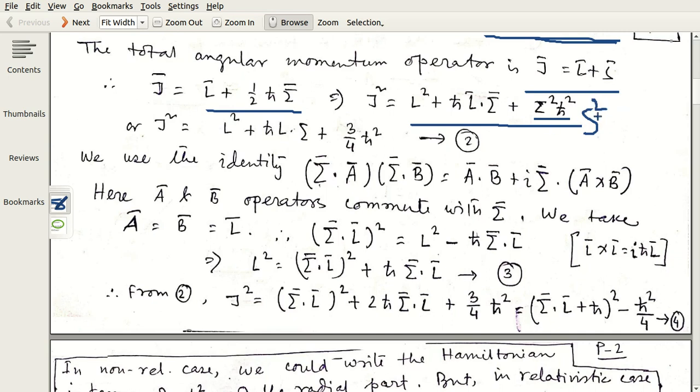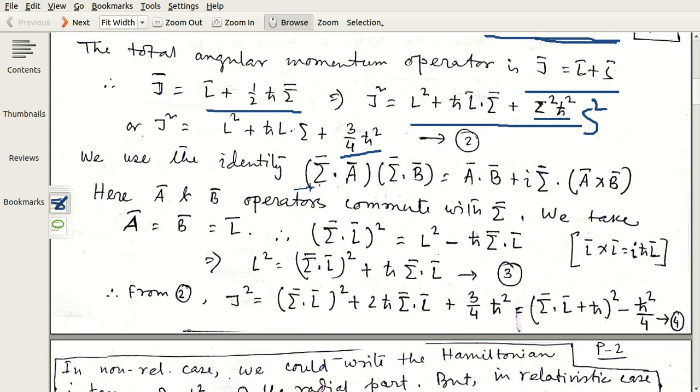So this S square has the eigenvalue of 3 by 4 h cut square; the eigenvalue of S is root over S into S plus 1 into h cut. S is half, so S square is half into half plus 1 into h cut square, which is 3 by 4 h cut square. You know it from angular momentum algebra of spin angular momentum.